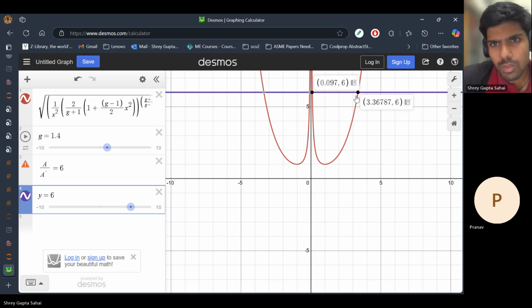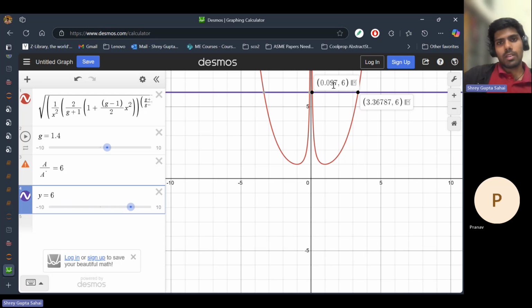What do you do? So see, we get two values of Mach number, 0.097 and 3.36. So we were pretty close. We tried 3.35 as the last value. I get your point, what you're trying to say. I'll just note down these two values. Let's stop sharing the screen.